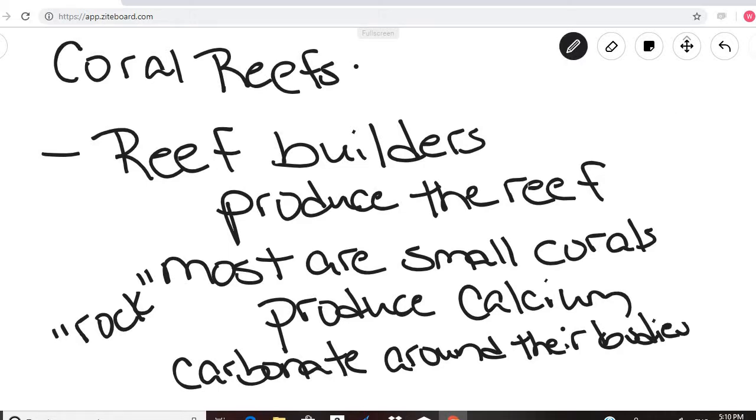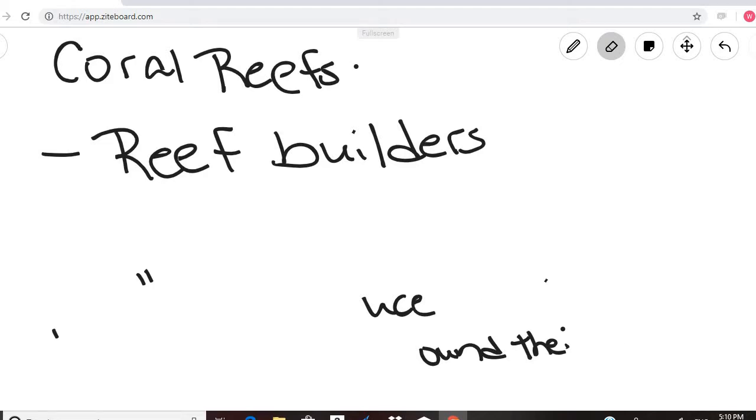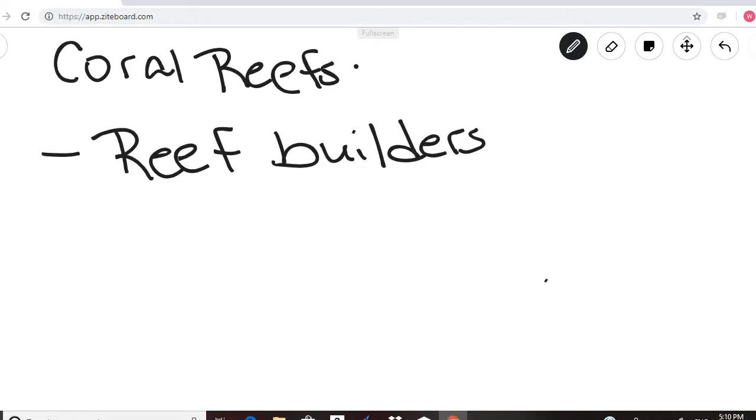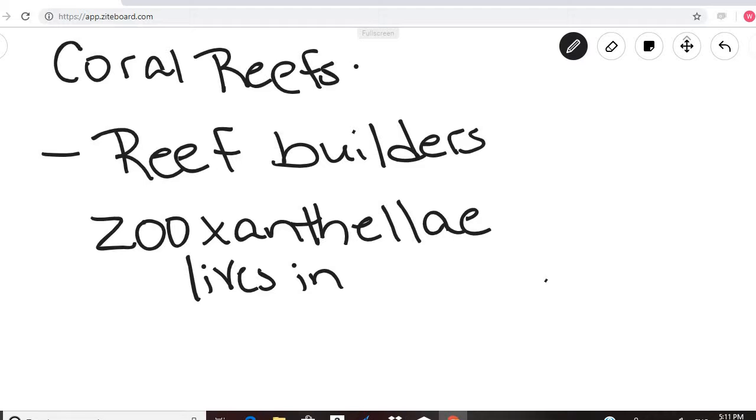Besides the coral, another organism that is important in terms of the reef builders is one that is called zooxanthellae. And this lives in symbiosis with coral.